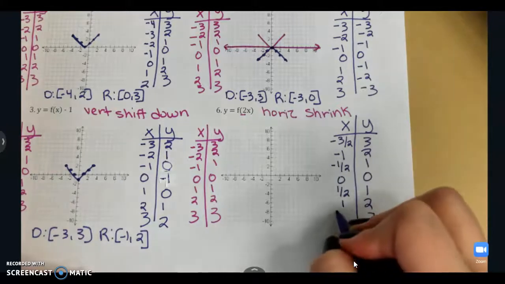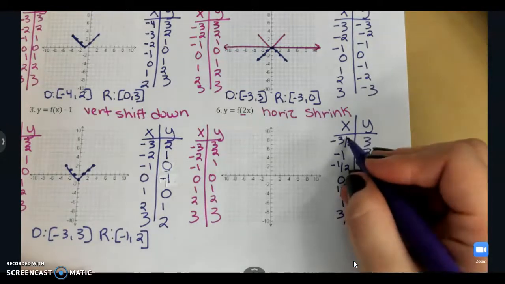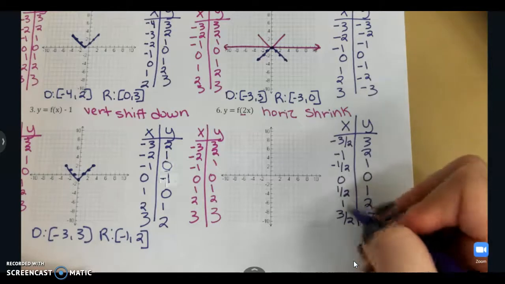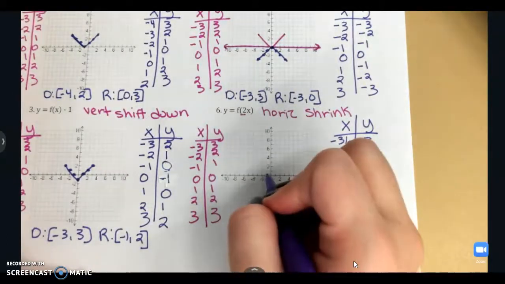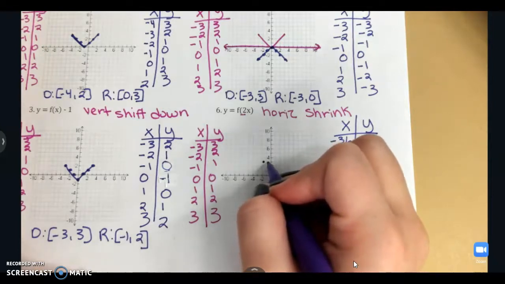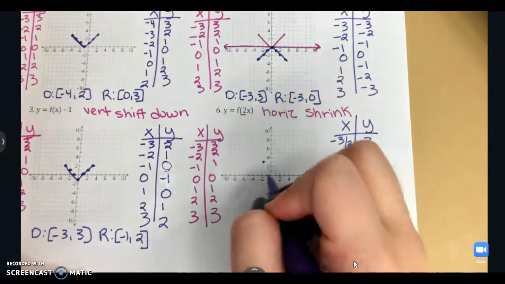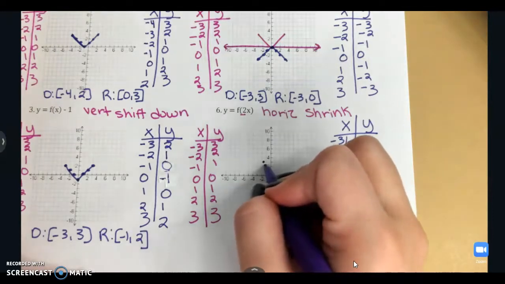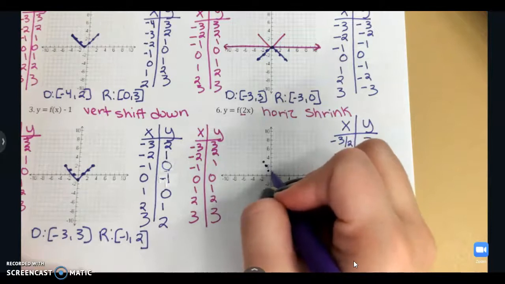And this could also be in decimals, so you could have like negative 1.5, negative 0.5, 0.5, and 1.5. And now I'm going to graph my new points.